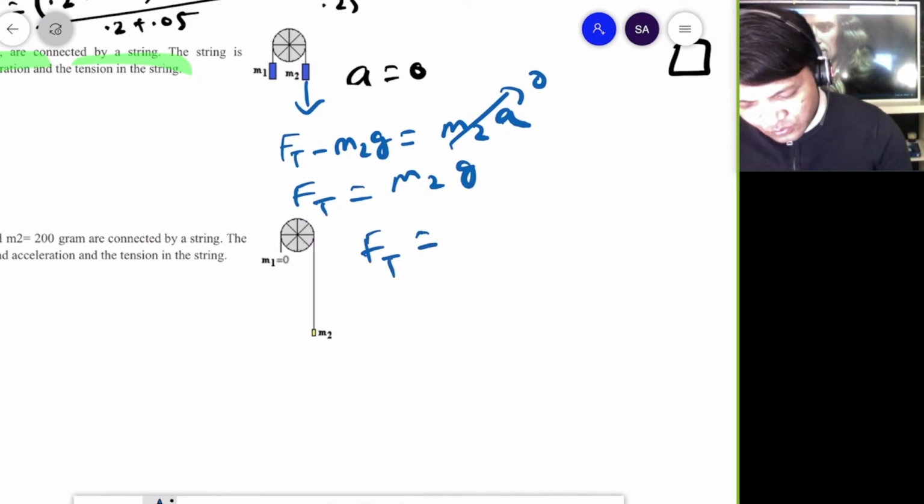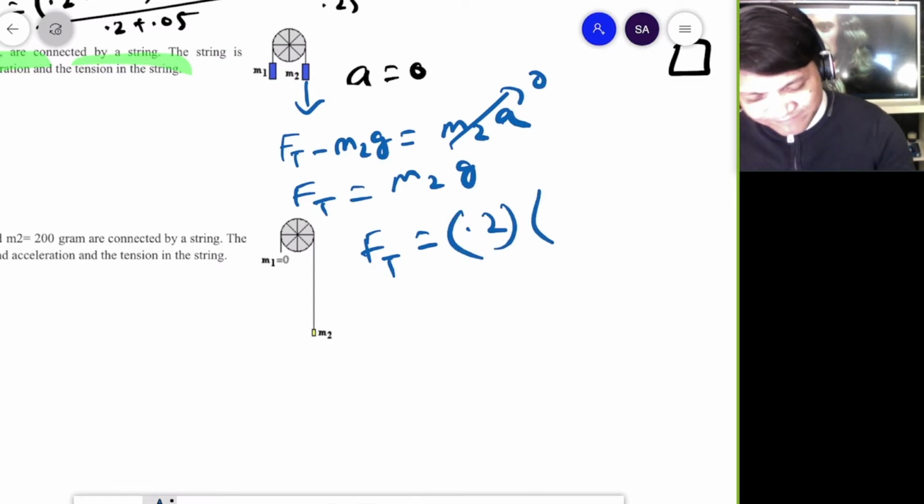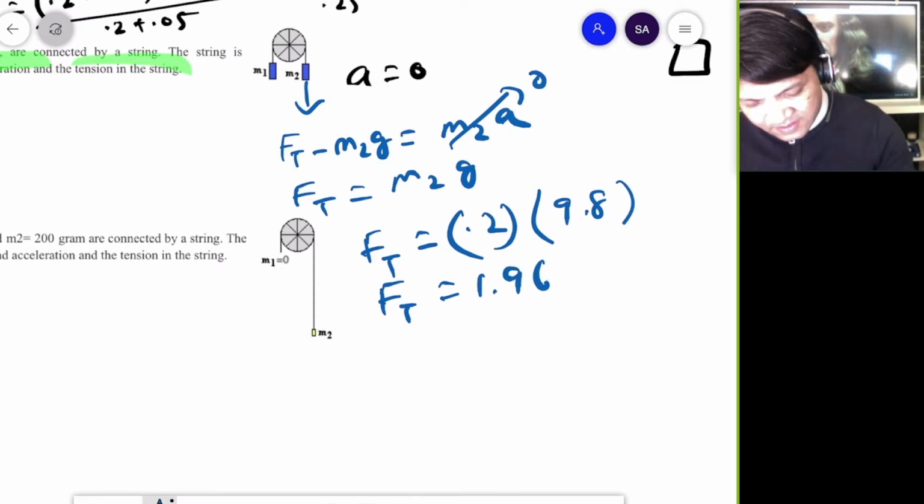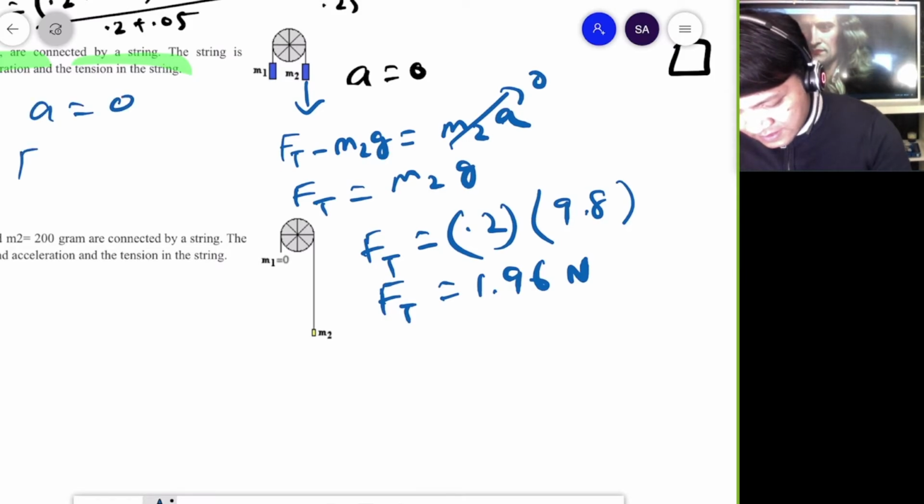What is m2? m2 is 0.2, and g is 9.8, so FT is 1.96 newtons. So the acceleration is 0, and the tension on the rope is 1.96 newtons.